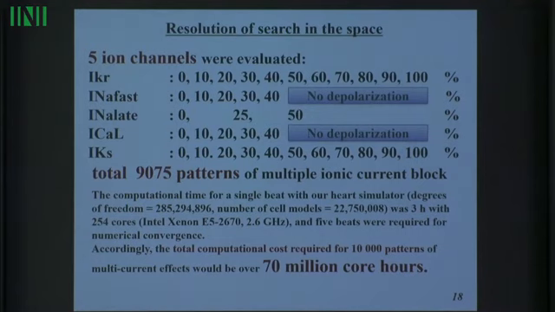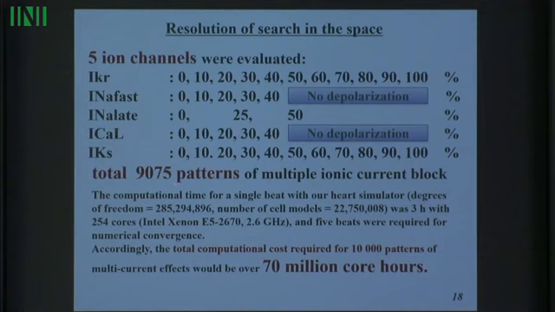We sampled those data points. You may say that data points are so sparsely distributed in the space, but the total number of combinations of 5 ion channels was more than 9,000.